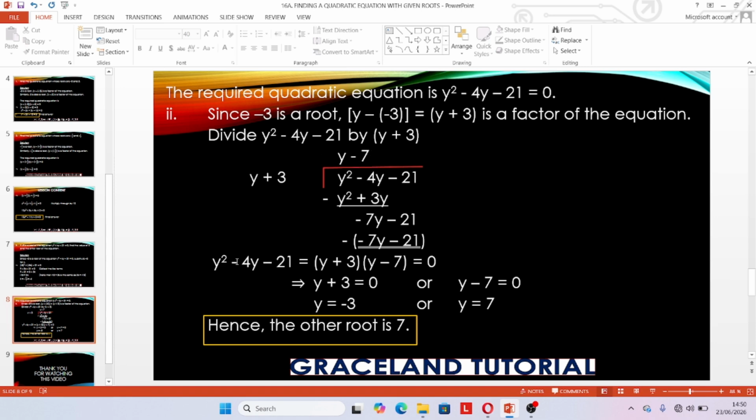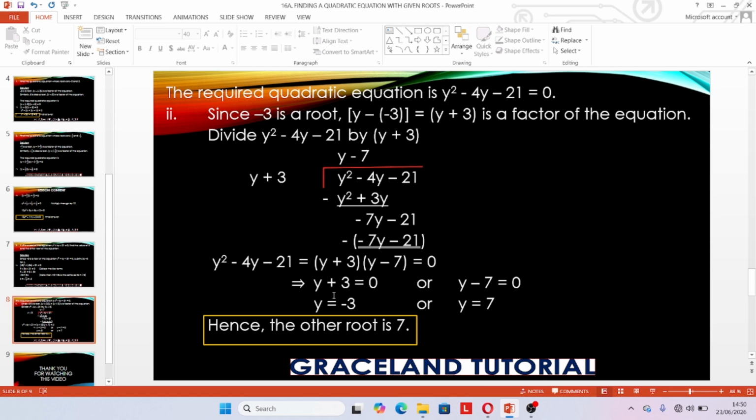So that means y squared minus 4y minus 21, which is the required equation, is equal to y plus 3, and then the other factor, y minus 7 in bracket, equal to 0. So y plus 3 will be equal to 0, and also y minus 7 will be equal to 0.